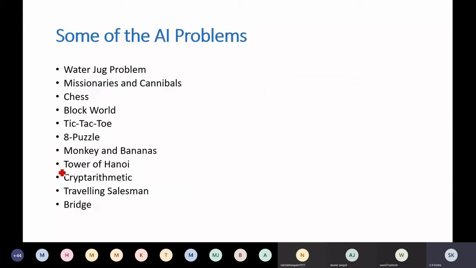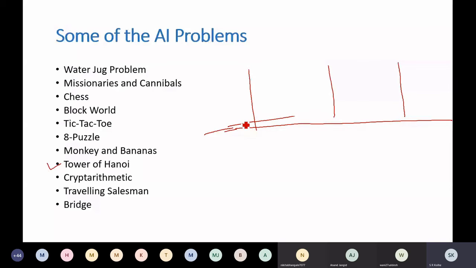Then there is a problem called Tower of Hanoi. This is also known to us. The Tower of Hanoi problem says that there are 3 poles, and there are discs on these poles. They are arranged in such a way that the larger disc is at the bottom and the smallest disc is at the top.